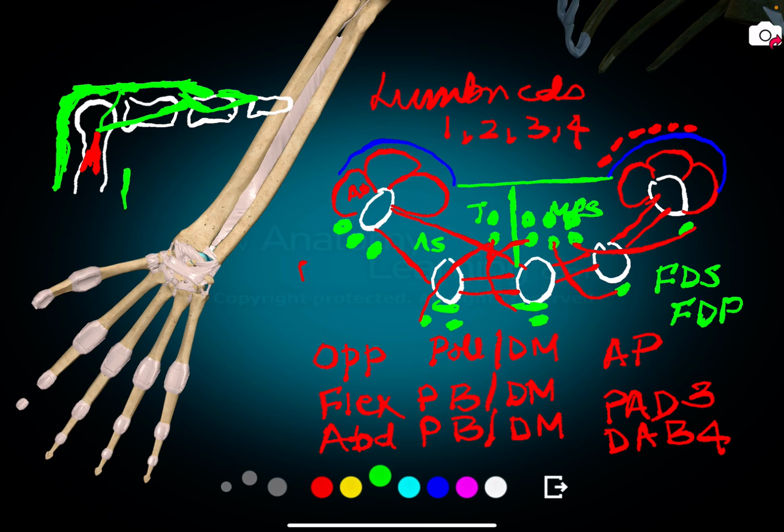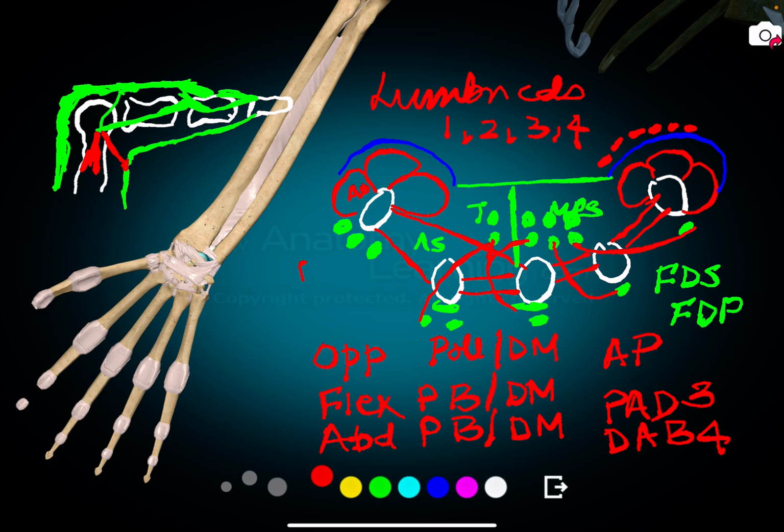Or here is the flexor digitorum profundus going to get inserted into the distal phalanx, and from it is arising the lumbrical getting inserted onto the extensor expansion.